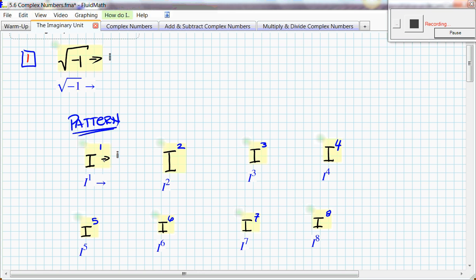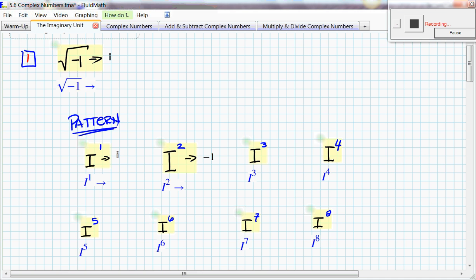So if I ask the calculator, I just get i. Okay, now, what would i squared be? So if I put a parenthesis around this, and squared it, what would I get? -1. So i squared must be -1.